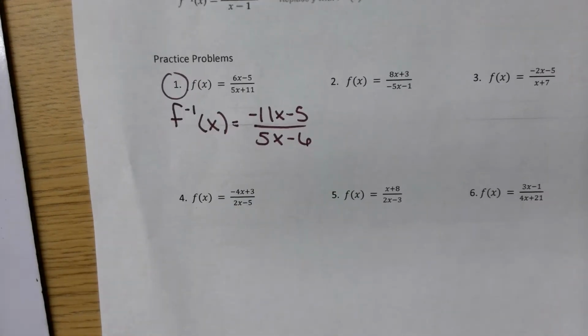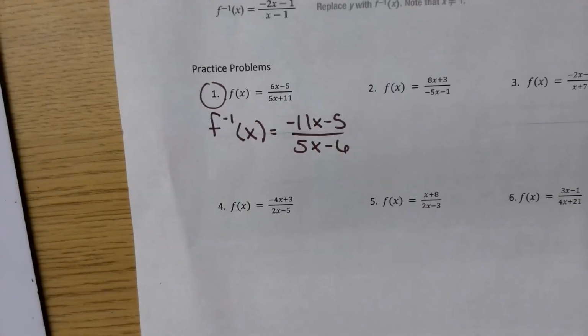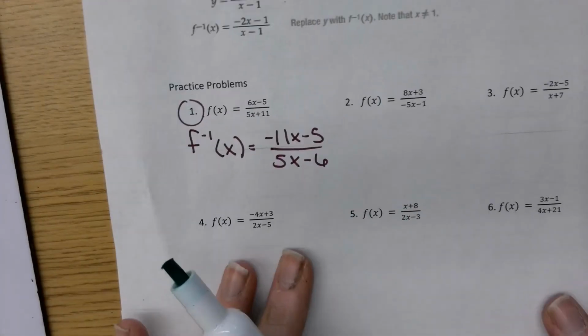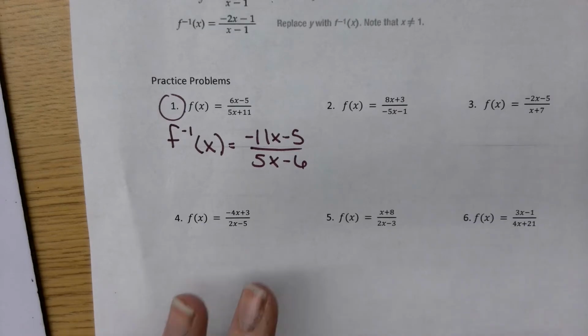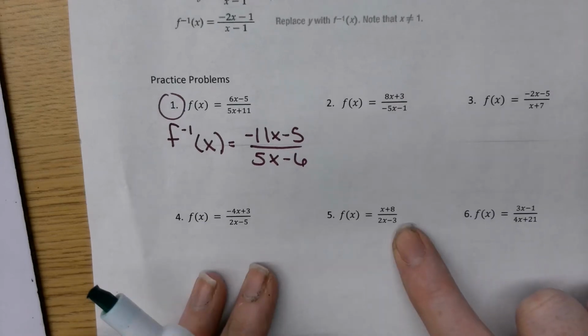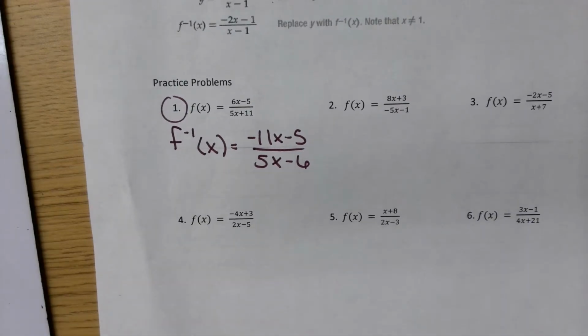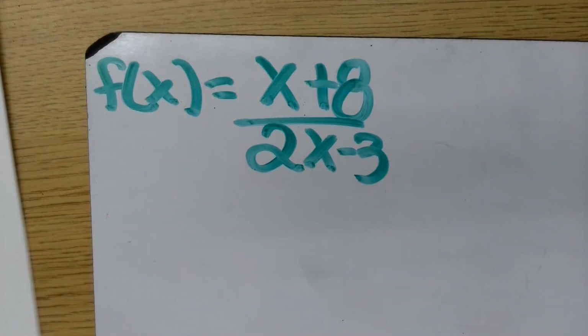Let's take a look at one more, and then you can practice the rest on your own. So we're going to take a look at this one, number 5. Okay, so I have f of x equals x plus 8 over 2x minus 3. I'm just rewriting it off to the side.